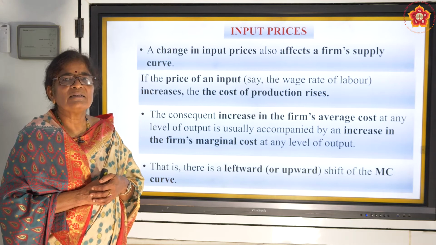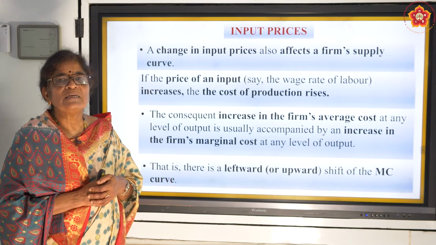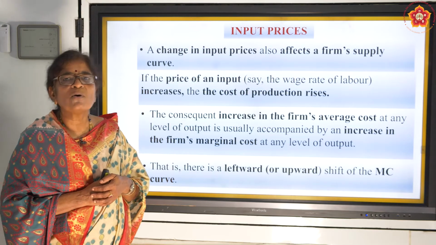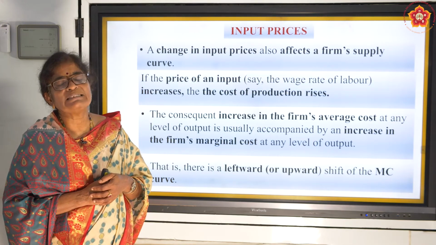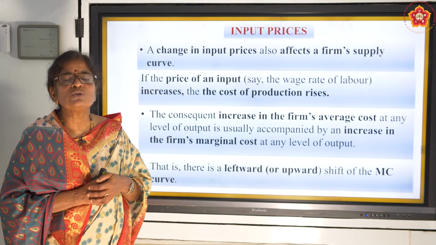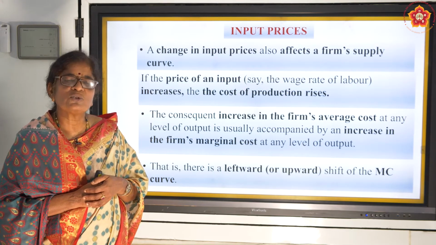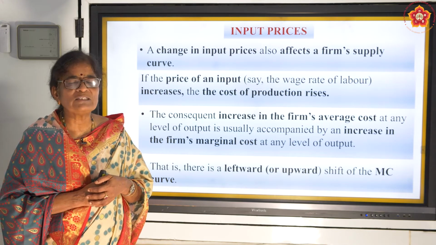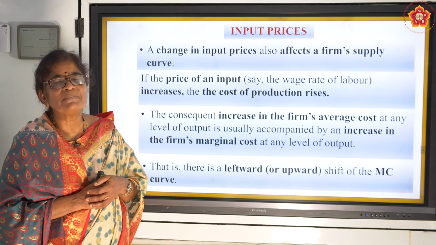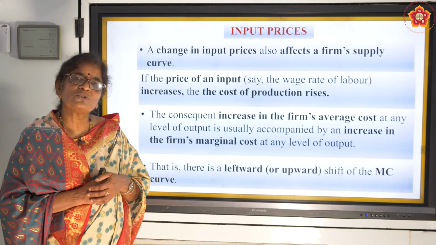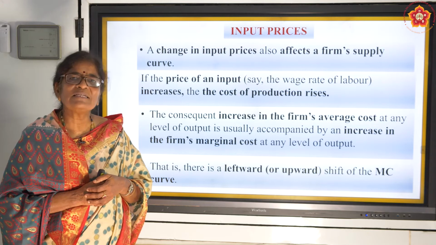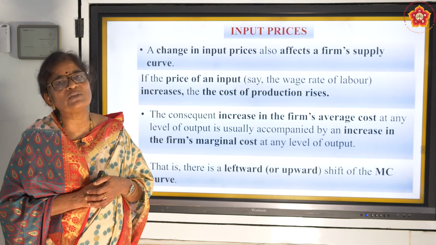Because paddy is a seasonal crop, during a particular season all the farmers want more and more laborers to transplant seedlings. At that time, due to the shortage of labor, the wage cost will be very high. The cost of production depends on the wage cost. Therefore, when the cost of laborers increases, the cost of production increases. When the cost of production increases, both average cost and marginal cost increase.